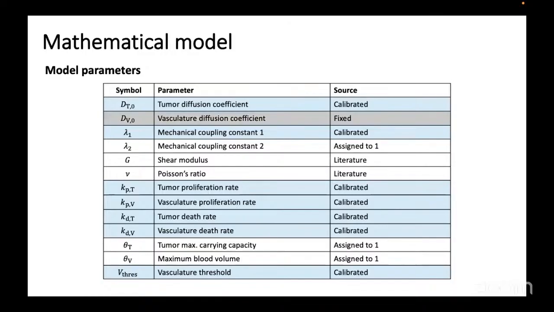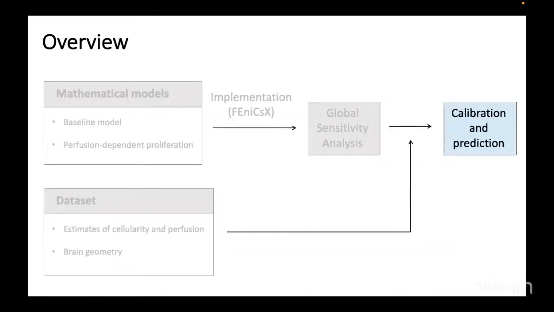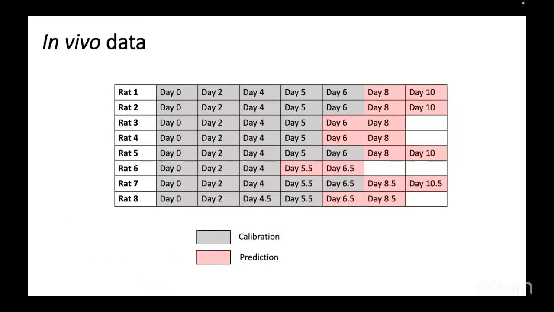So we are going to fix this parameter and that way reduce our parametric space for optimization. So this model was implemented in Phoenix and calibrated using a least squares algorithm, and we left the 2 last points of each rat for validation, so we only calibrated with the rest of the data.